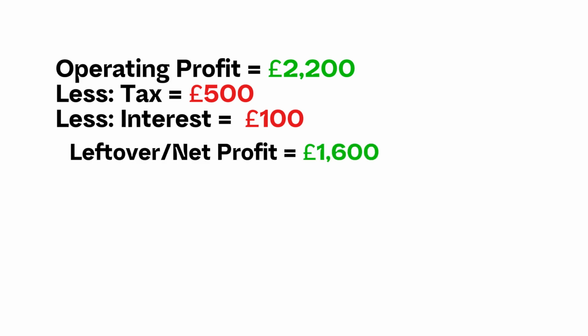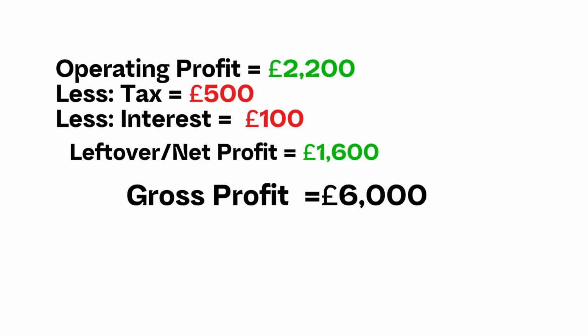So your net profit is the final milestone. This is the money you've truly earned after everything else has been paid. We started off with a gross profit as high as £6,000, then less operating expenses, and these expenses reduced the gross profit to £2,200, which is the operating profit.